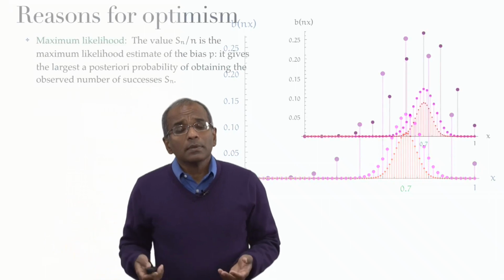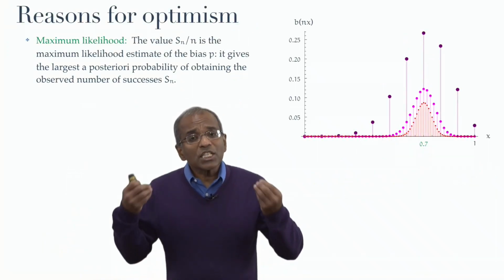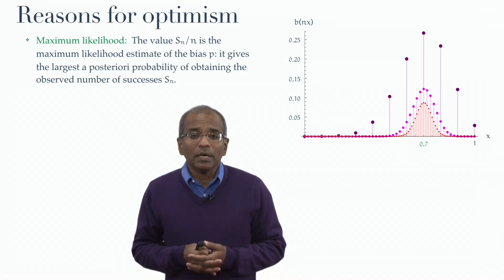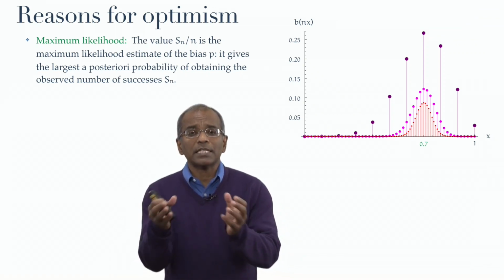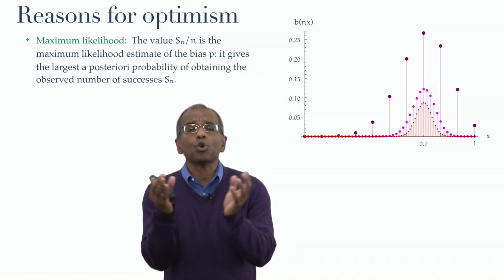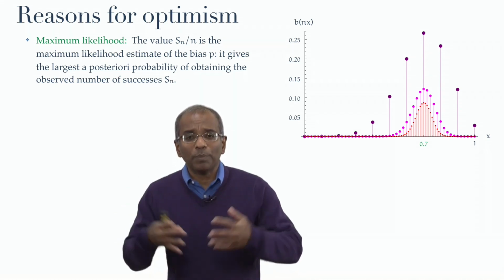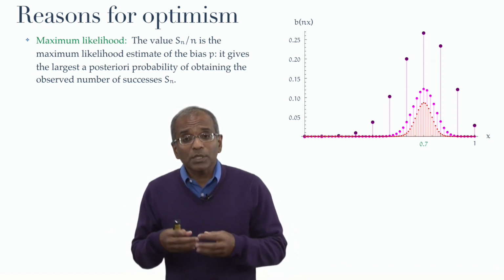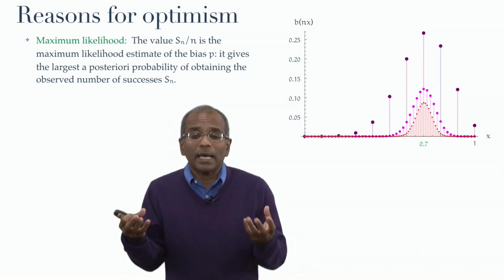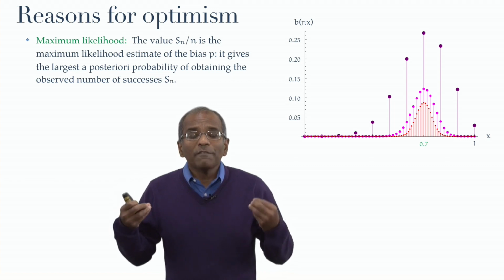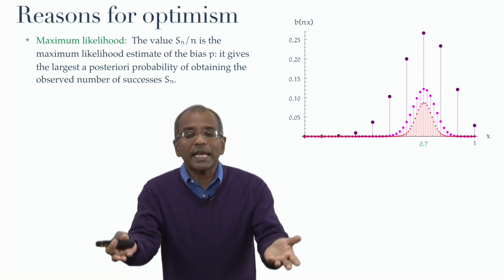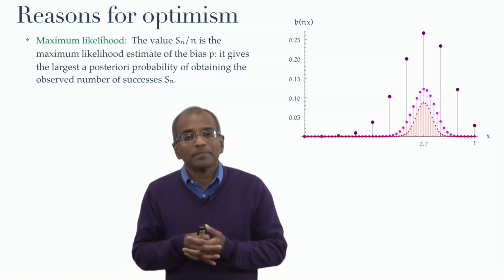To begin, the maximum likelihood principle articulated by R.A. Fisher gives us grounds for belief that Sn over n actually is the right choice as an estimate for p. The student will recall that the maximum likelihood principle in words says, what value of bias best explains the observed data, Sn?